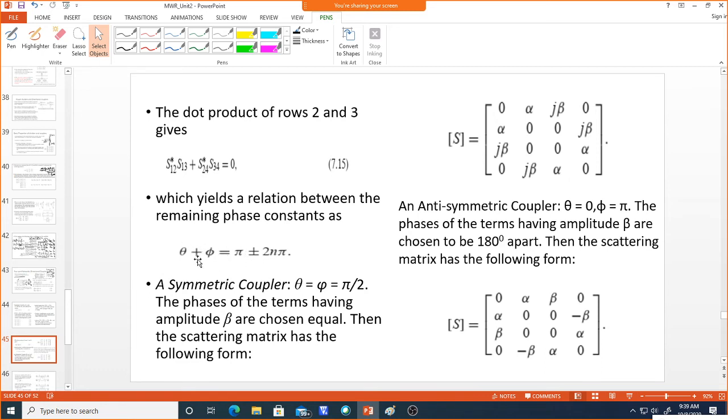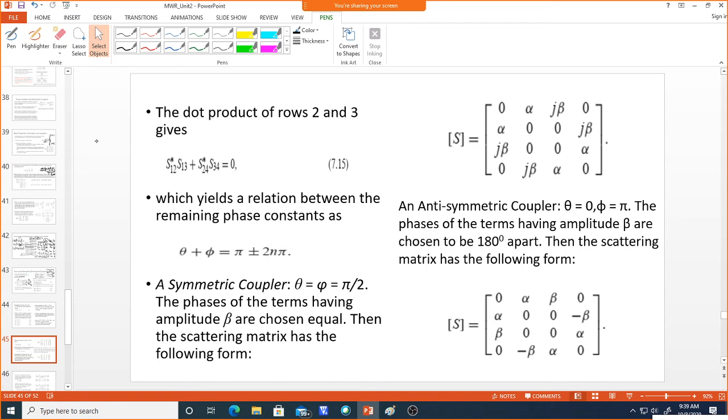This condition we can realize by putting the theta and phi values equal, or any one of the values equal to pi by 2. If I take theta and phi both equal, then you will get the symmetric coupler. And if only one value, either theta or phi, is equal to pi, then you will get the anti-symmetric coupler. So that is the condition.